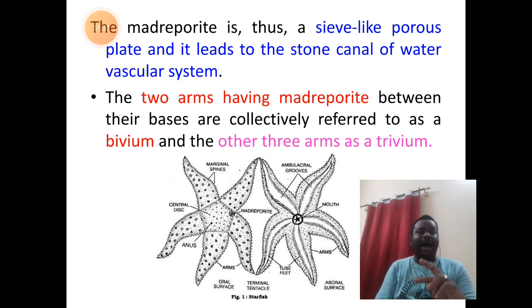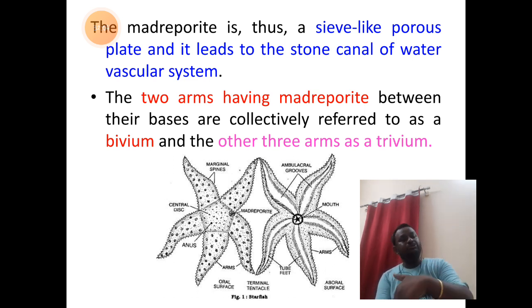and those 2 arms in between which Madreporite is present are called bivium. Bi means 2. So, of the radiating arms, at the base of any 2 you find the structure of Madreporite, right? Those 2 arms at the interradial position where the Madreporite is seen are called bivium.